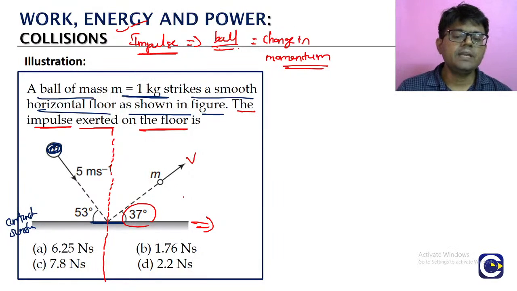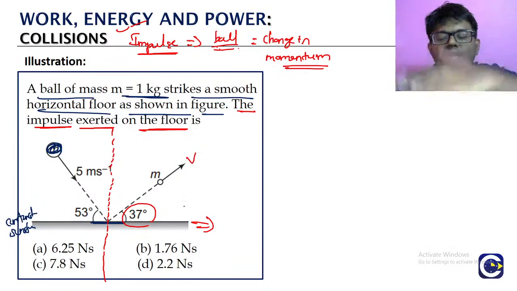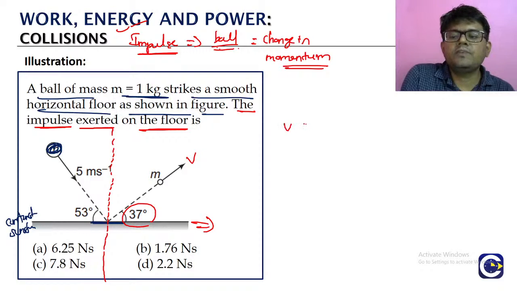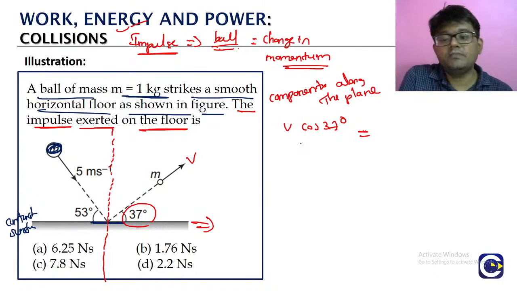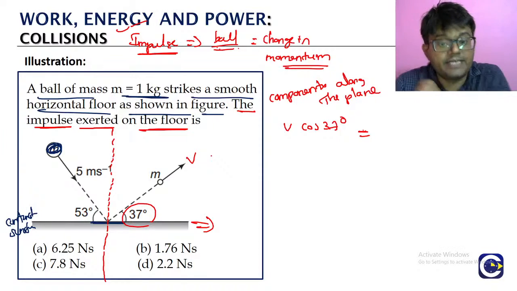Now what is the component of velocity along the contact plane? It is v cos 37. For the final velocity, we are saying it is v; we don't know what it is, we have to get it.